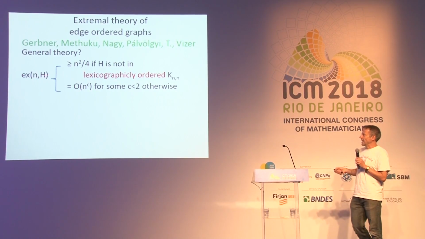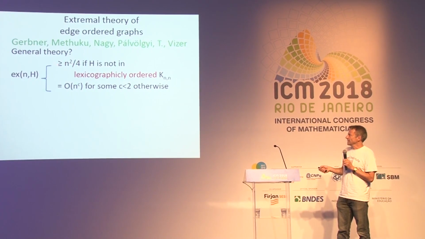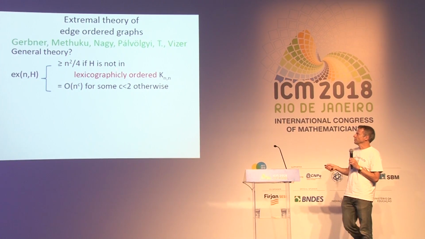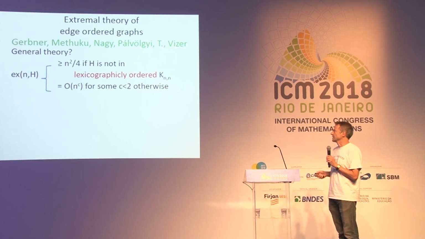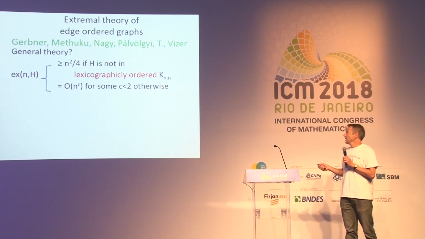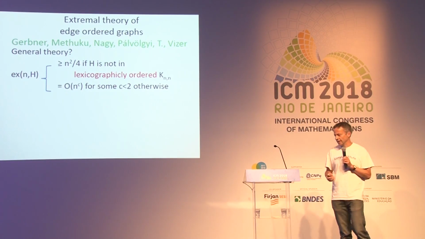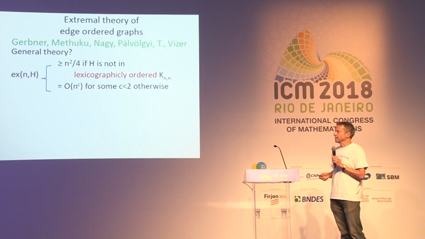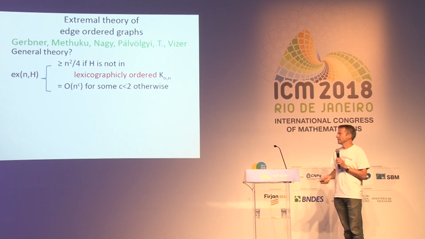So this is the edge-ordered extremal function, and it's at least n squared over 4 if the graph is not contained in the lexicographically ordered bipartite clique. So it's a K_{n,n}, and you order both sides of the vertices of the K_{n,n}, and then you order the edges lexicographically. So one side matters more, the other side matters less.